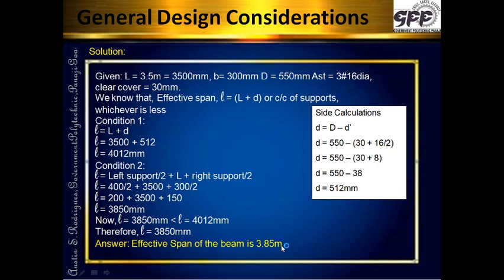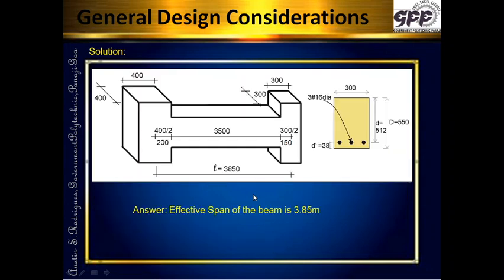Please observe over here, clear span is 3500 mm, and the effective span has come to 3.85 meters. One condition said clear span plus effective depth, which came much more, but the center to center distance has come to 3.85 meters. The clear span is from one face to another face plus the effective depth.